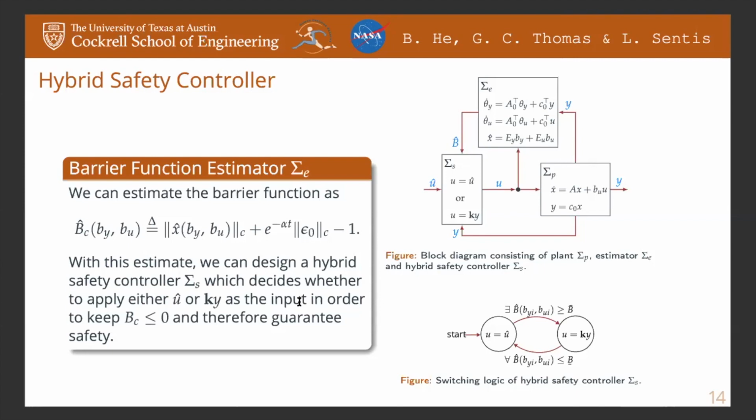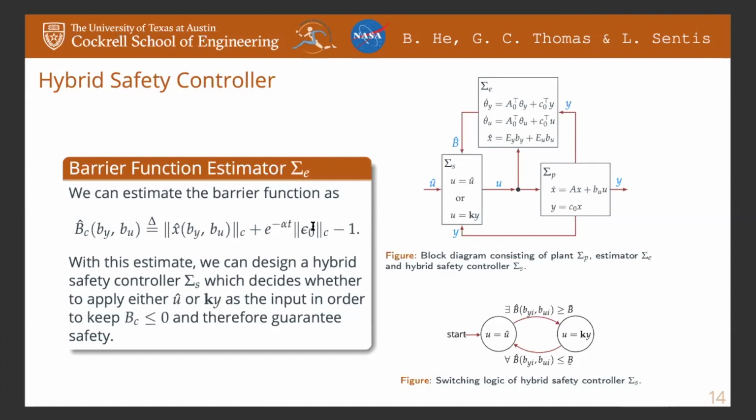This estimated barrier function has a term of the C-norm of the estimated state. We do not know the initial estimation error, but if we assume that the state starts from somewhere inside the invariant set of the C-norm, then the initial value of the C-norm of the estimation error is bounded by 1.